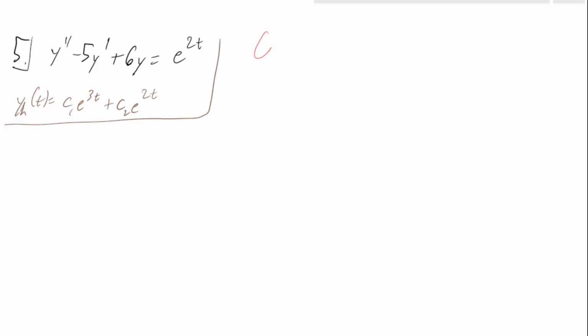We're going to have the homogeneous part be something we saw before, so we're going to have the same homogeneous solution as before. But now for our guess, we need to be careful because our normal guess would just be ae to the 2t, but that's already one of the solutions of the homogeneous part. So what we want to do, and we saw this before when we were doing repeated roots in the last video, we want to take this guess and multiply it by t.